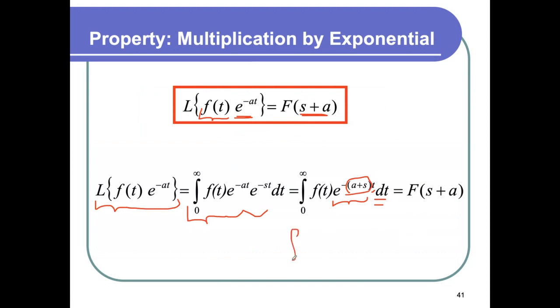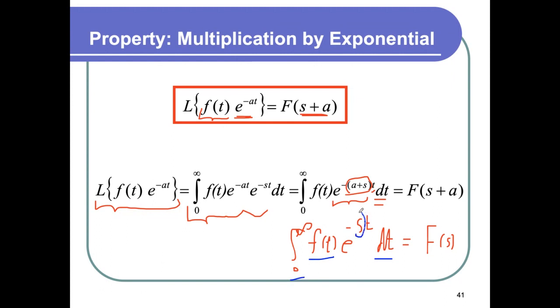Why? Because the original definition was F of s is equal to the integral of small f of t, e to the power of minus st dt. This was F of s, right? Notice, if s is the variable, then everything else is pretty much fixed, and you take the integral with respect to t.